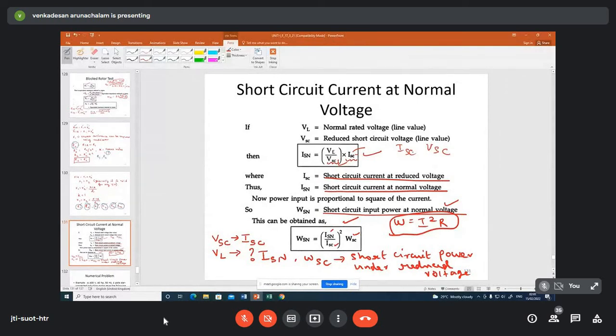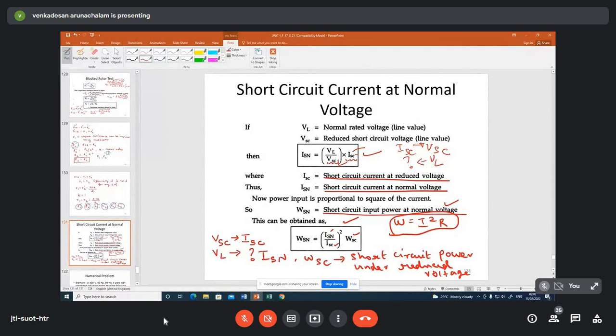For my ISC, this is my VSC. This is the short circuit current, and for this short circuit current, this is the voltage I am getting. For the rated voltage, what is my current? Just a ratio and proportion: VL by VSC into ISC. So ISN is the short circuit current at normal voltage, and ISC is the short circuit current at reduced voltage.